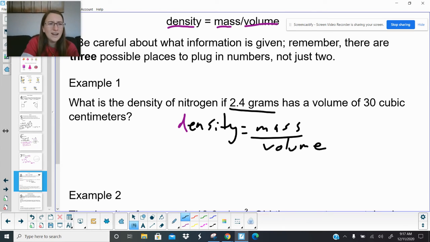2.4 grams. What is that? This is kind of tricky. Remember that grams is a weight of something, right? How heavy something is. So is that density, mass, or volume? This is mass. Grams is a measurement of mass, how heavy something is. And it has a volume.